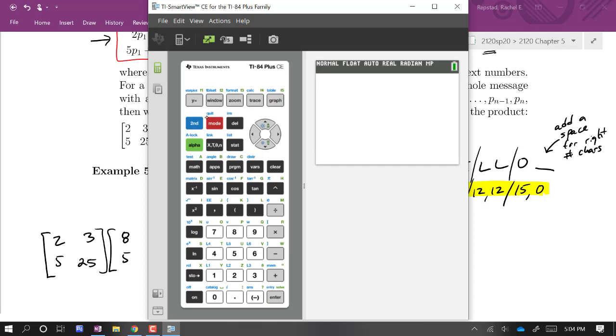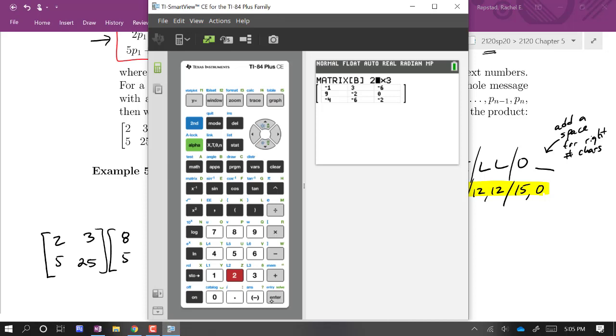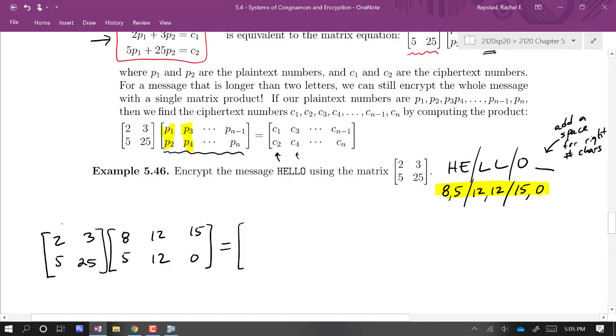Okay, so now I'm quitting to home. I'm going to go back into my matrix menu, edit, put in my next matrix, and this was 2 rows by 3 columns. And I'm going to put in those numbers row by row, so we have 8, 12, 15, 5, 12, and 0.